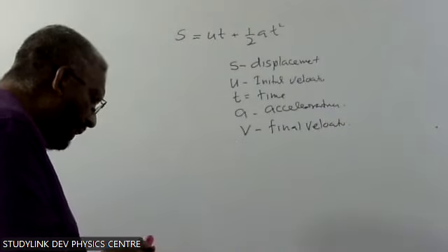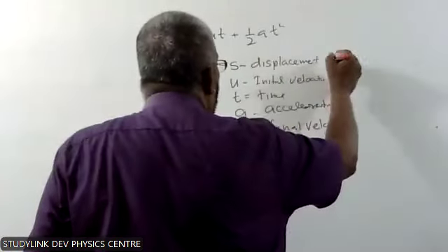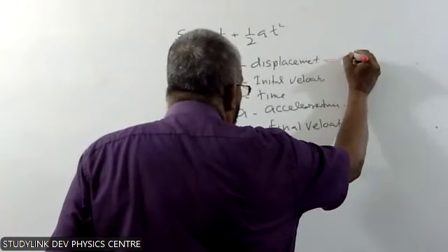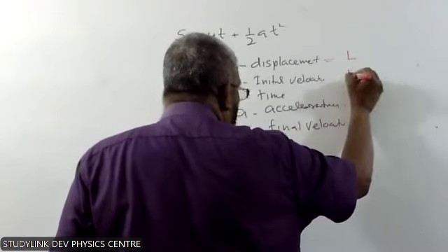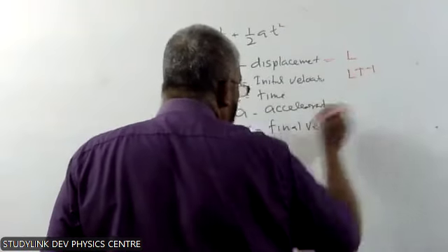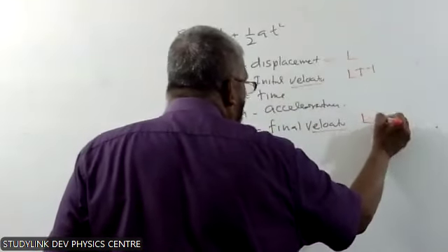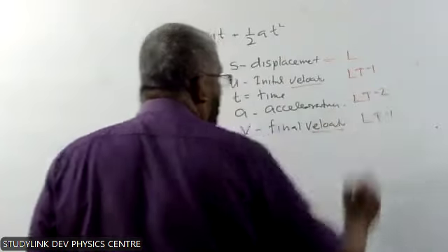Then five things are there. Displacement, what is its dimension? Displacement, L. Initial velocity, L T minus 1. Final velocity, you have to consider only velocity, L T minus 1. Acceleration, L T minus 2.